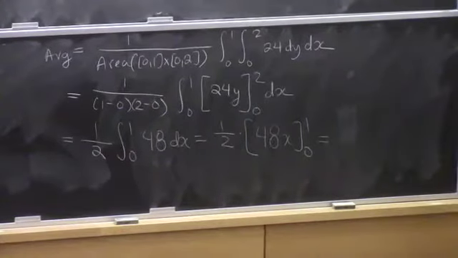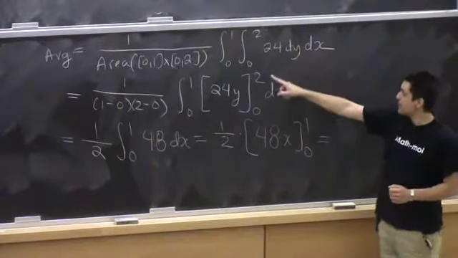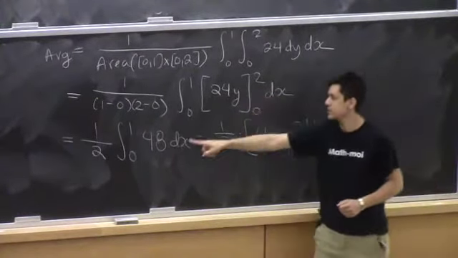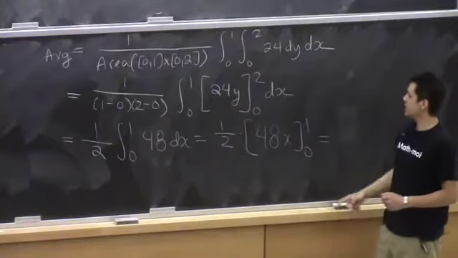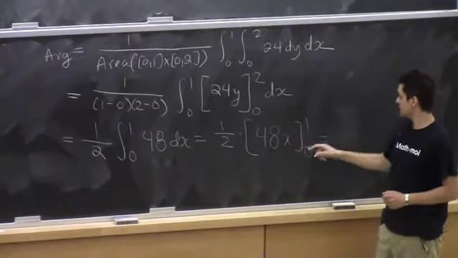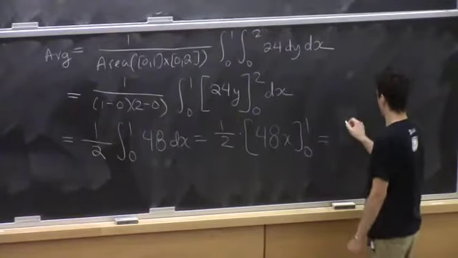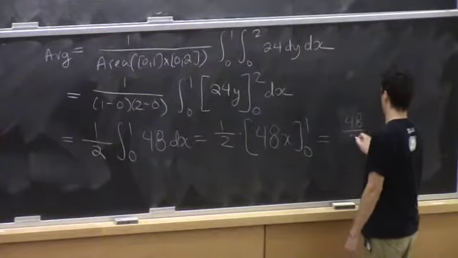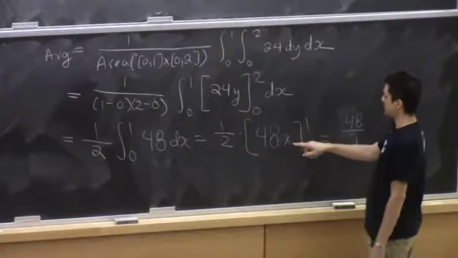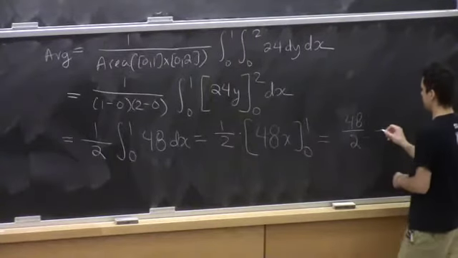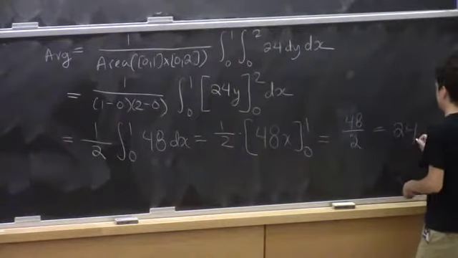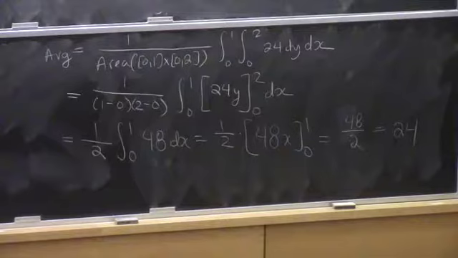Okay, we first integrate out the y. That gives us 48. Then we integrate out the x, and that gives us 48 times x. Multiply it out and get this. Okay, so we get 24 again.